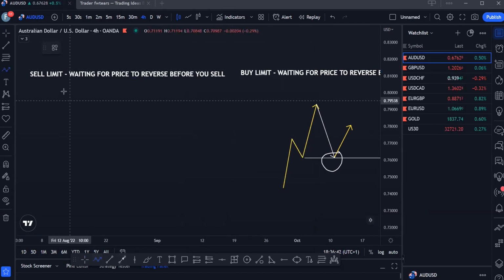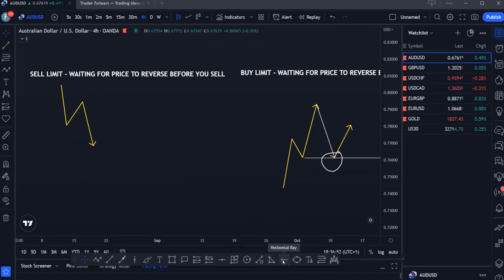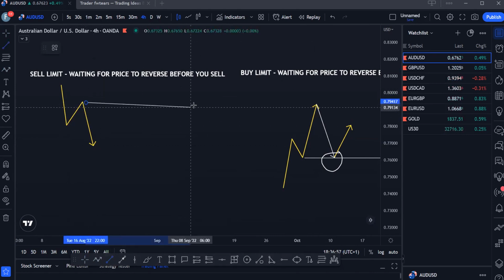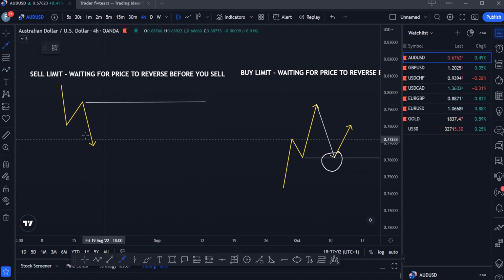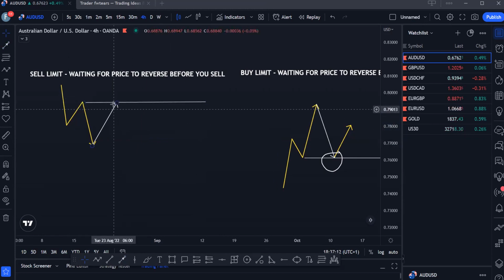Let's say price is going down, and you are looking to sell somewhere here at this top, but you're waiting for price to reverse. Once price reverses and gets to the entry that you've set, immediately your sell order is going to trigger, and you'll be put into the market for a sell.